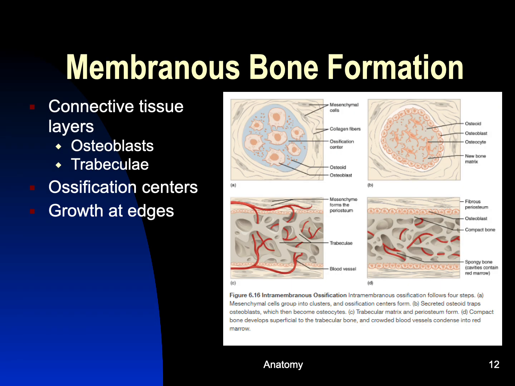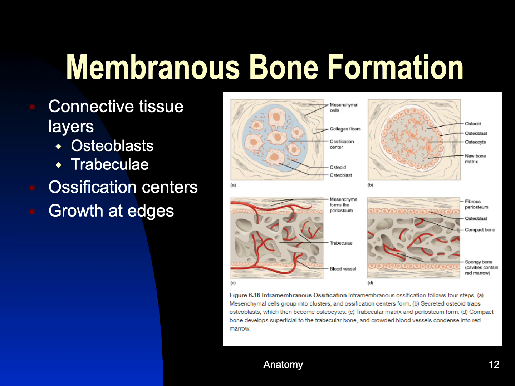Now, some other bones form in different ways. These bones form as membranes. They form underneath the skin in connective tissues below the skin, and those connective tissues, again, are invaded by osteoblasts. These osteoblasts will form trabeculae, cancellous bone, and they'll start forming in a central area, and the bone will grow towards the edges.